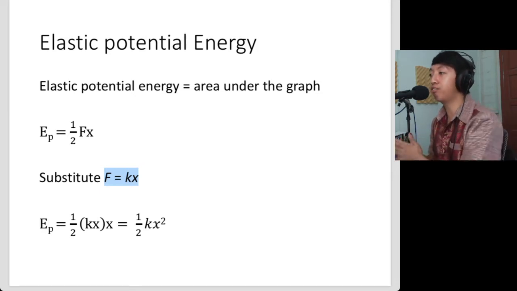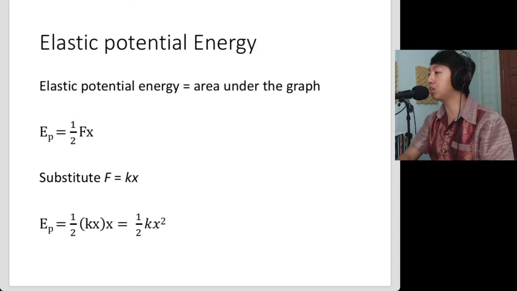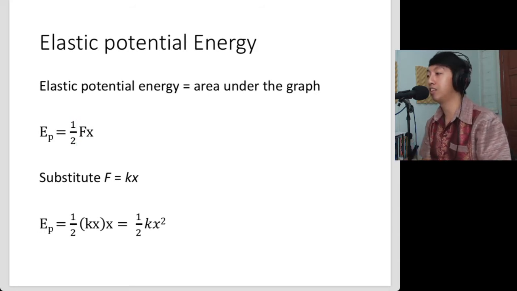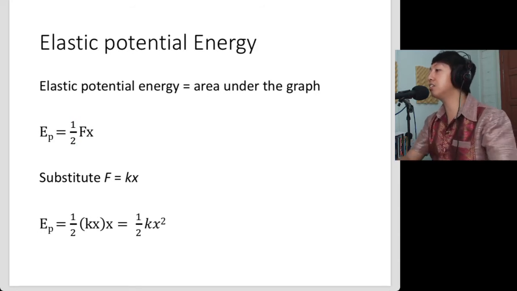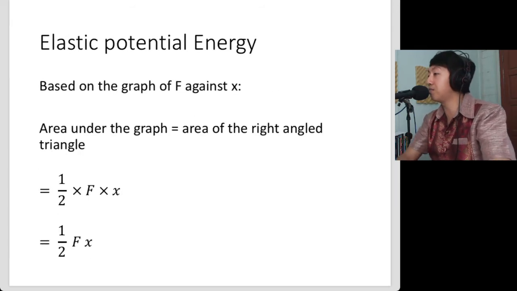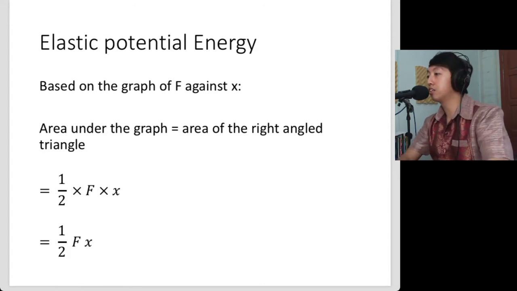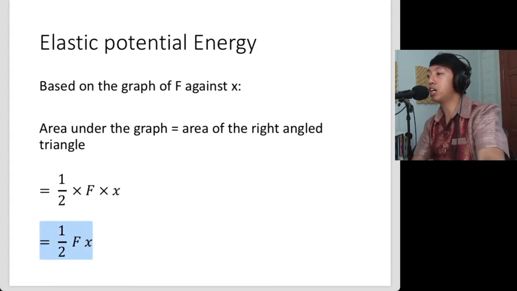So if you do not have the force but you have the spring constant and the extension, you can just substitute the F here with kx, and you end up with this formula, 1 over 2 kx square. So either of these formulas, because the first two are almost the same. So formula ini kamu guna kalau kamu tahu force dengan extension.